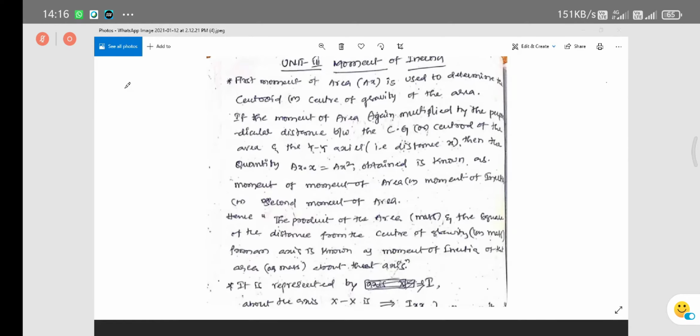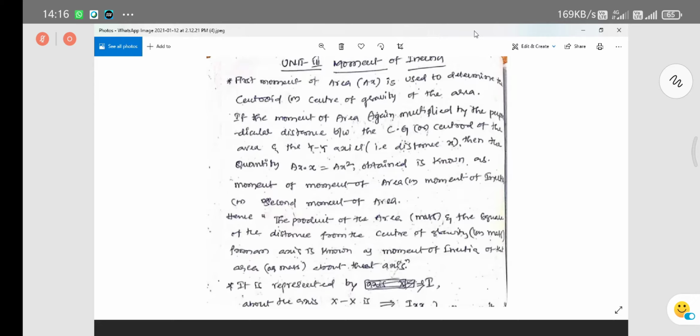Applications are nothing but if you have any structural member like bridges or trusses, and you want to do calculations related to how much bend, how much twisting, how much stiffness those structural members are going to have. It purely depends upon the moment of inertia.